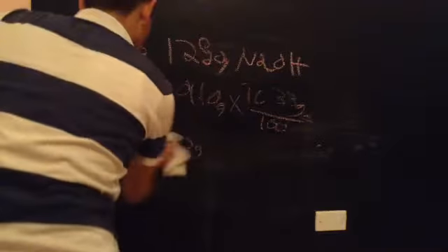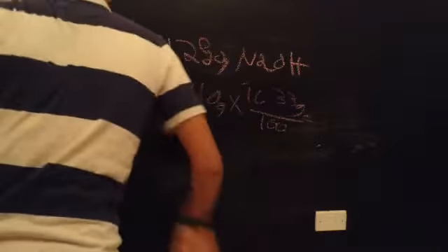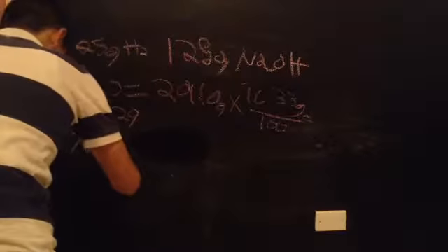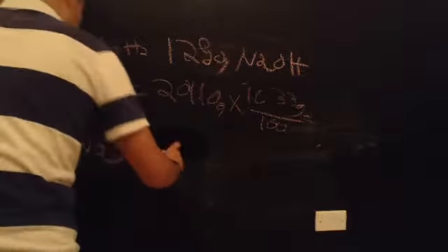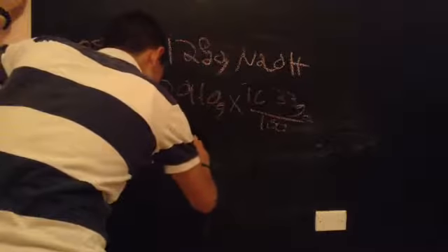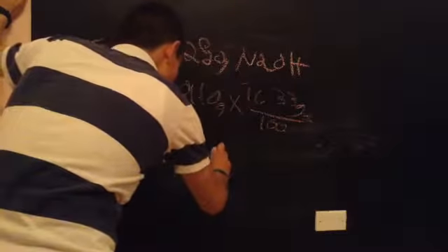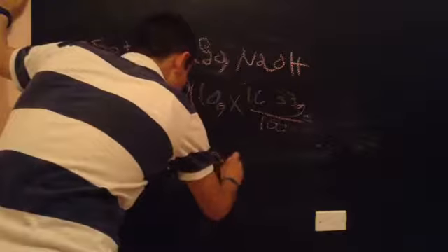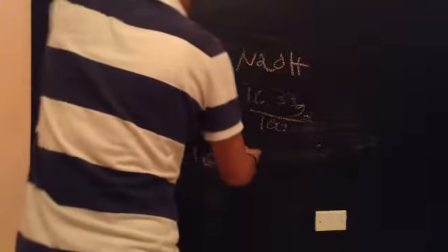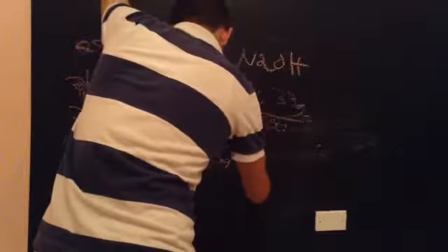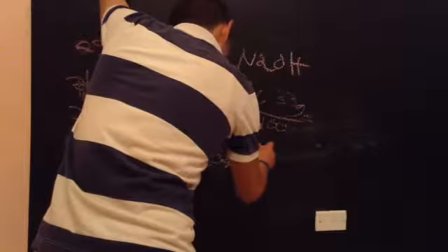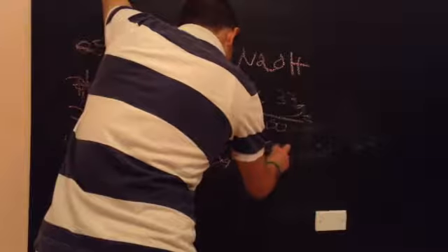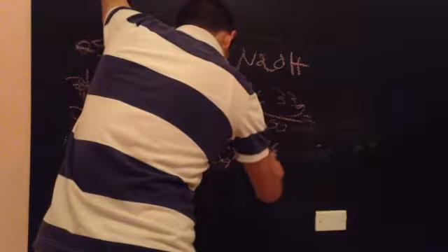And so for the sodium hydroxide, it would be the same thing, except that it would be a different percent. It would be 29 grams times 83.66 over 100.